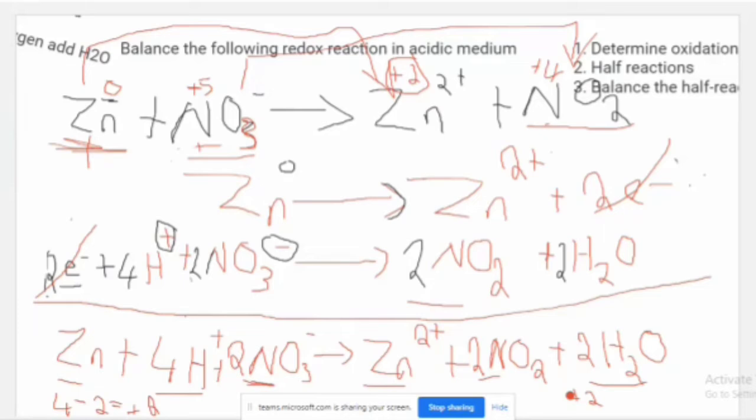After that, you add the two half reactions, then you get your overall answer. Then you counter check, ensuring that the number of atoms are balanced on the reactant side and also the product side. Then you also check your charge. That is how you do it.